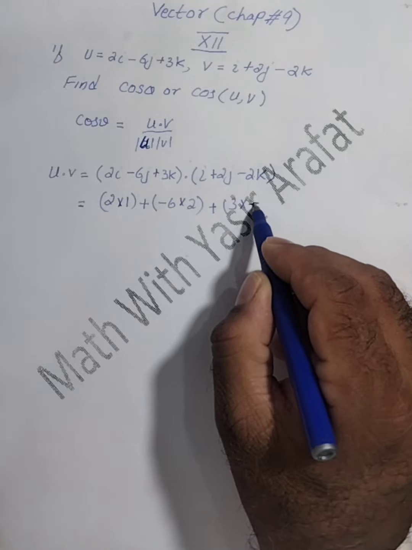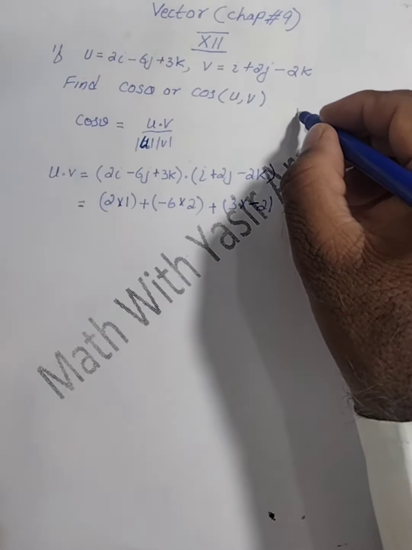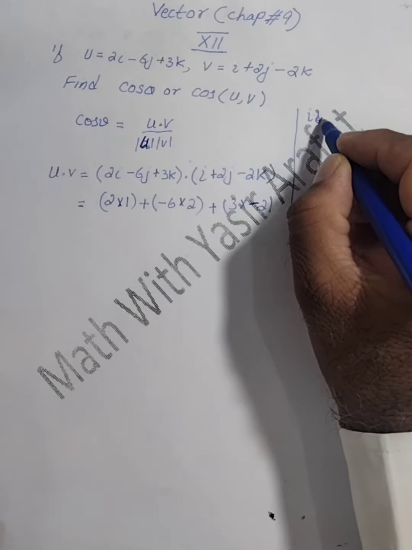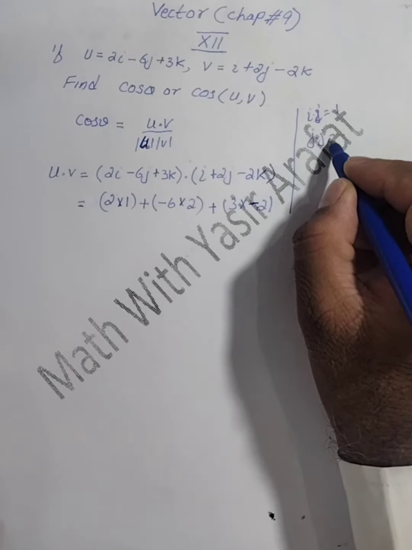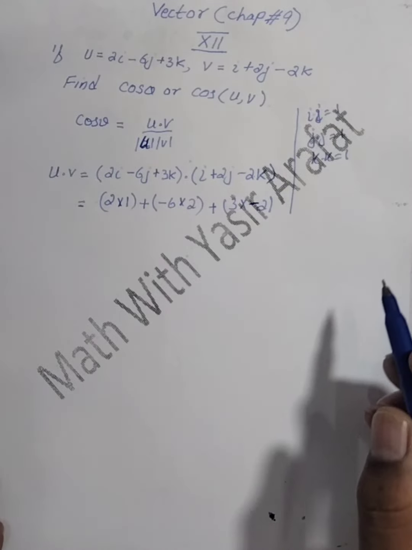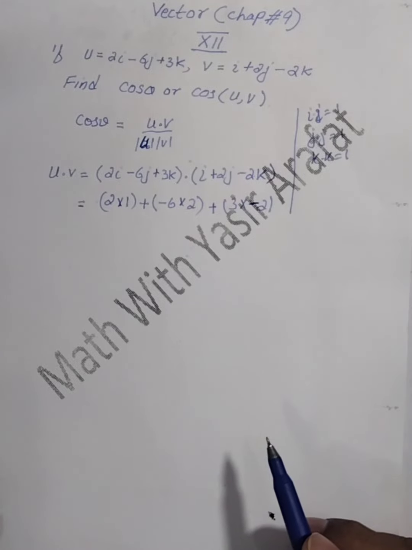This is the procedure to find out the dot product here, because i dot i is equal to 1, j dot j is equal to 1 and k dot k is equal to 1, and if we have different components there, then their dot product will be equal to 0, that is i dot j is equal to 0.